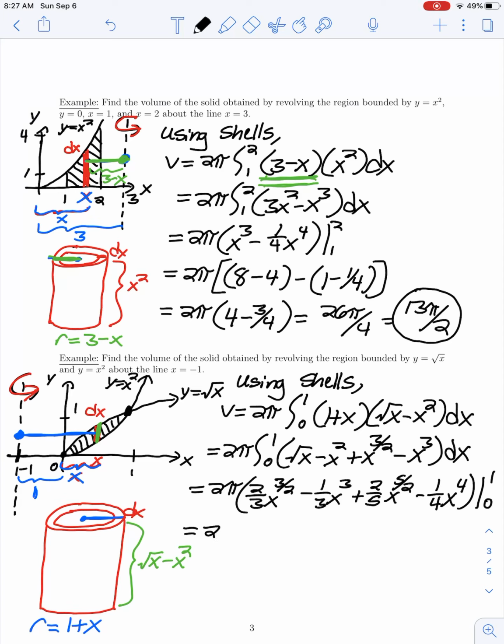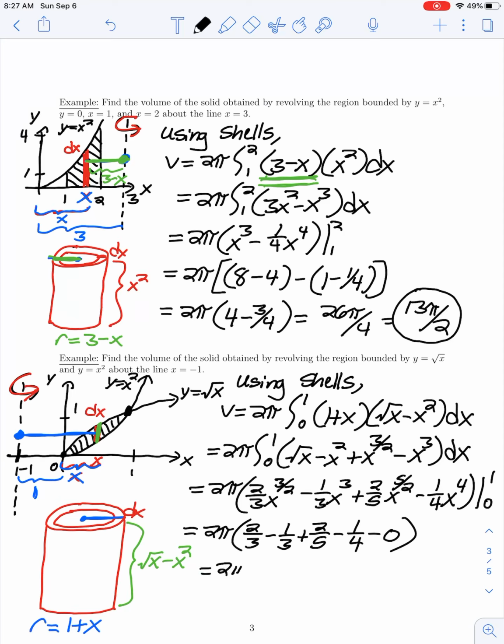So let's see what we get. We have a constant 2 pi times, evaluating at 1, 2/3 minus 1/3, plus 2/5 minus 1/4, and then subtracting what we get when we evaluate at x equals 0. Well, when x is 0, we have 0.